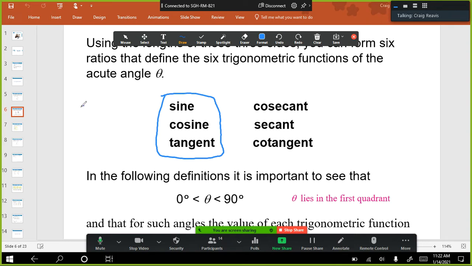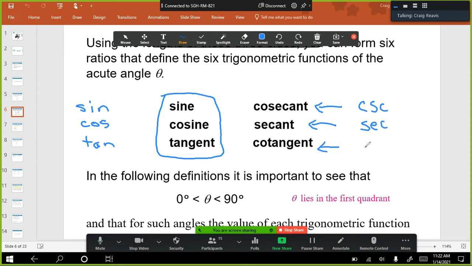A lot of times they're abbreviated SIN, COS, and TAN. Okay, but we also have these 3 other ones: cosecant, which is abbreviated CSC, secant, SEC, and cotangent, which is COT.